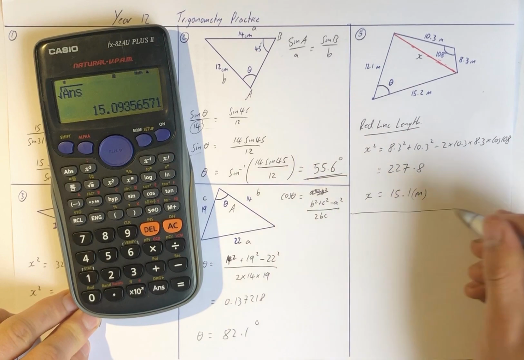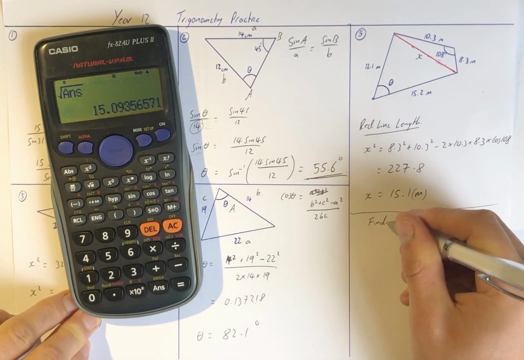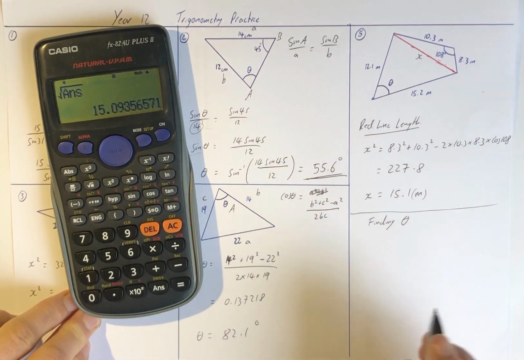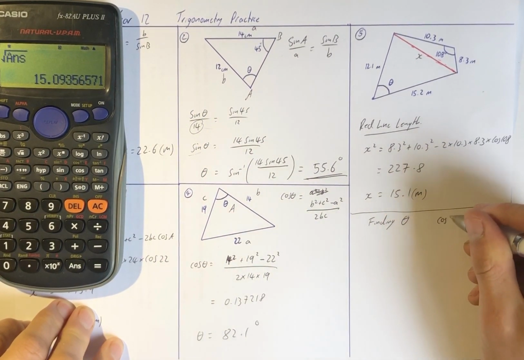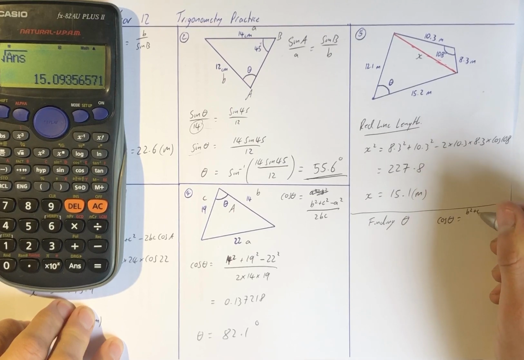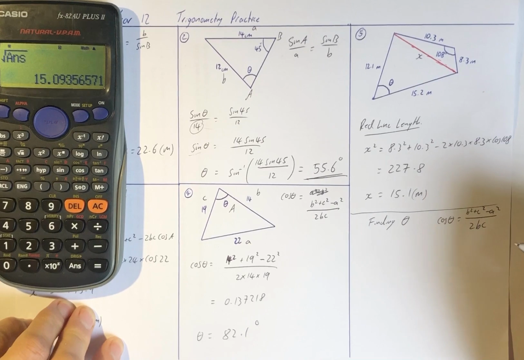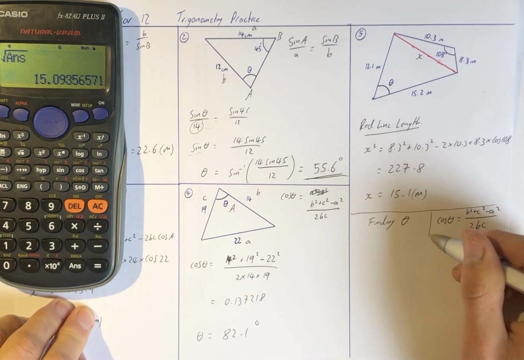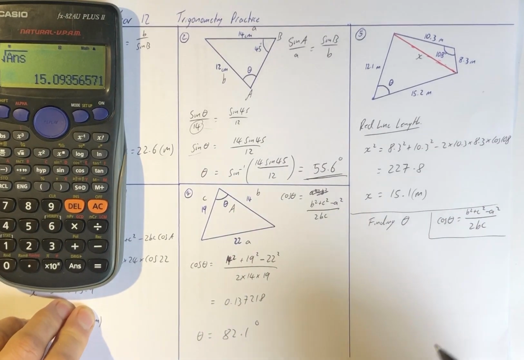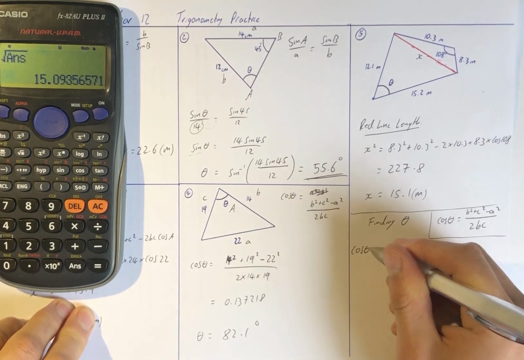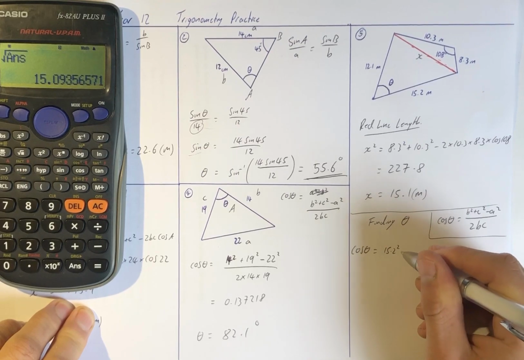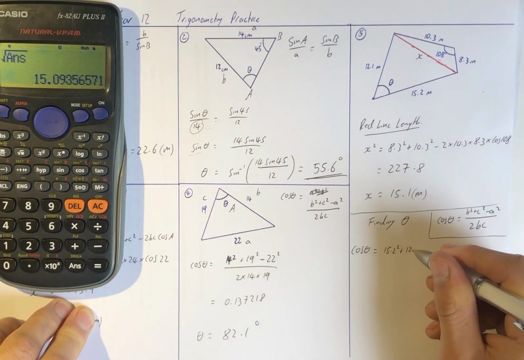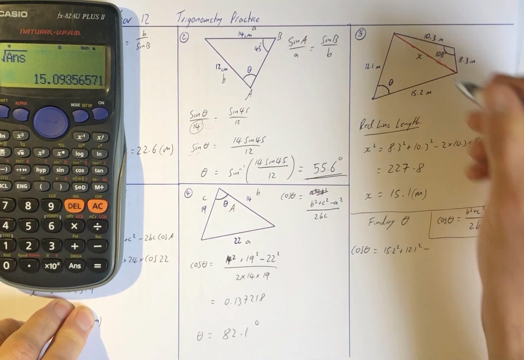And now I'm finding theta, and that's going to be this rule here. Cosine theta, b squared plus c squared minus a squared over 2bc. I'm going to be using that rule. So cosine theta is going to be b squared, 15.2 squared, plus c squared, 12.1 squared, minus a squared.